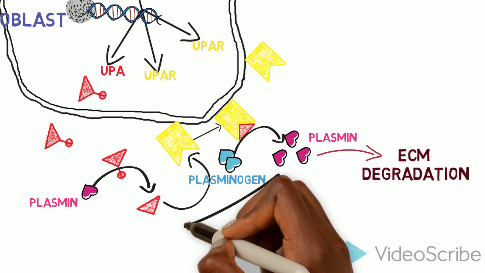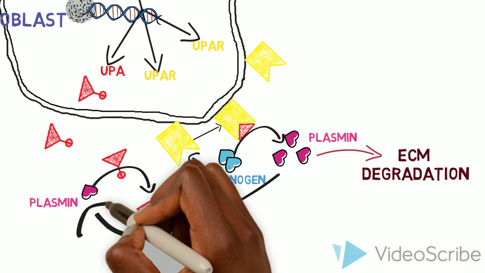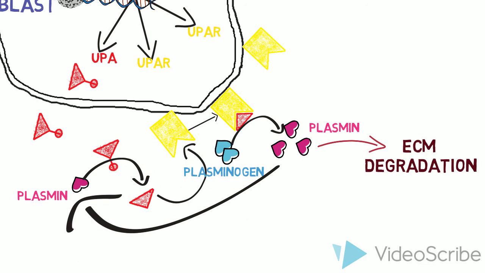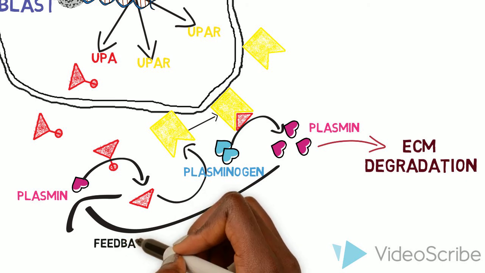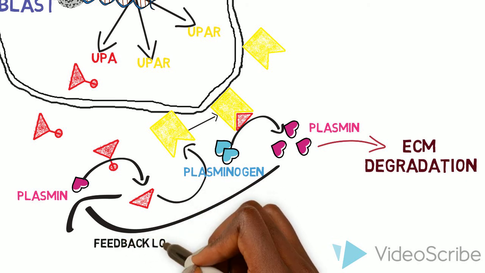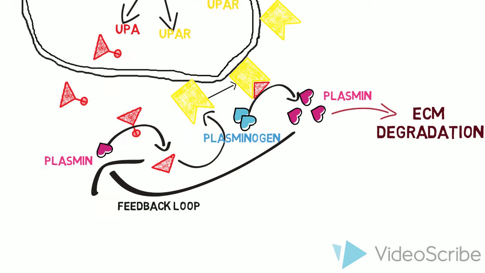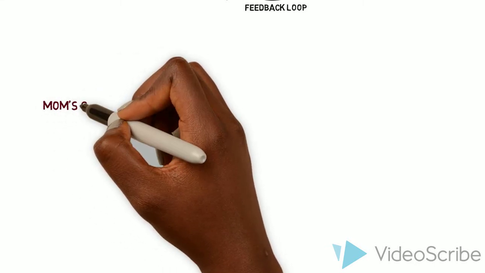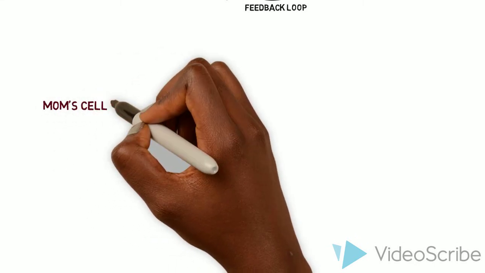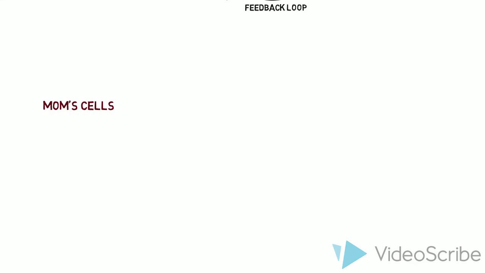And as noted earlier, plasmin also acts in a feedback mechanism to activate UPA into its active form. This is all happening in a time-dependent manner, and downstream from this, we have mom cells. Where would we be without mom, right?